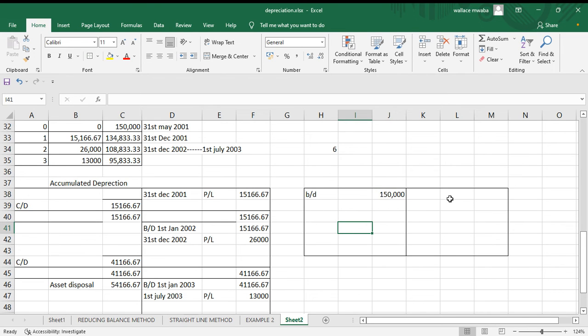Right. And then now we're going to debit the asset disposal account. Remember we have to get rid of this machine in our account. So we're going to credit the machine account 150,000 and debit asset disposal 150,000.